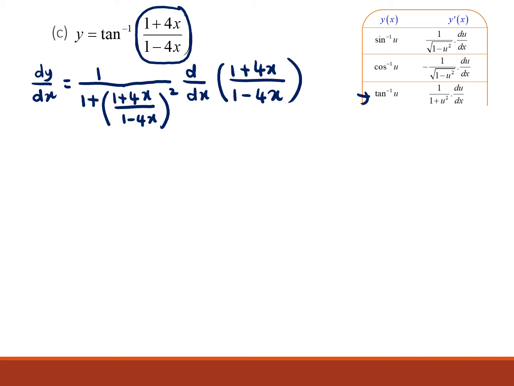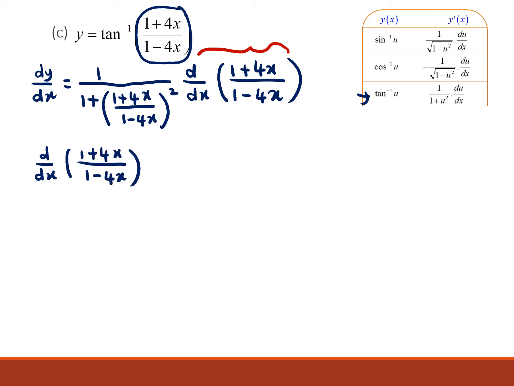So the next step is to find this derivative, which involves the quotient rule. So first, let us solve this quotient, (1 plus 4x) over (1 minus 4x).